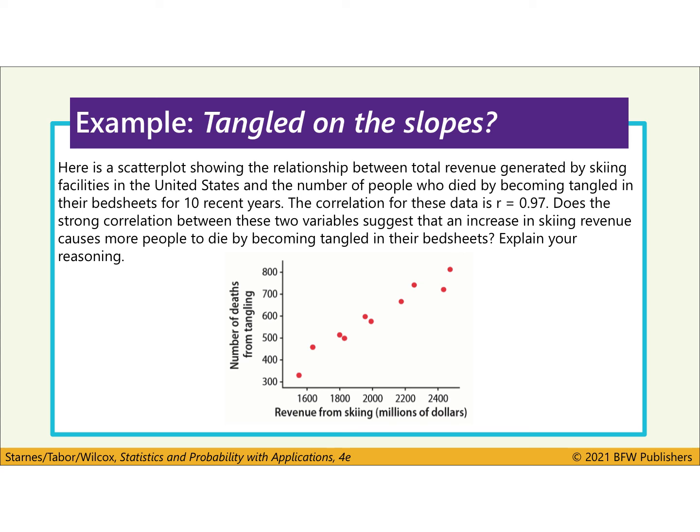Here's a weird scatter plot showing the relationship between the total revenue generated by skiing facilities in the United States and the number of people who died by becoming tangled in their bed sheets in 10 recent years. The correlation for this data is 0.97.